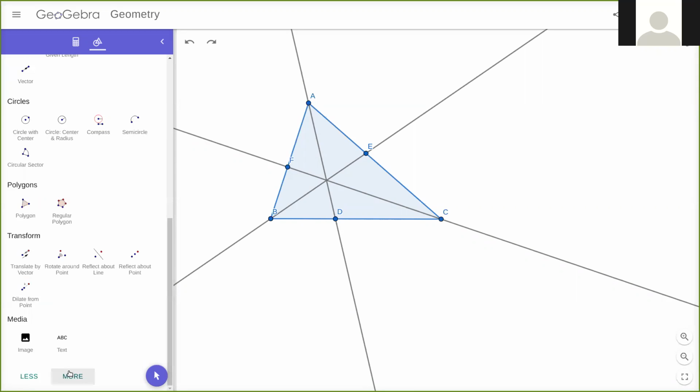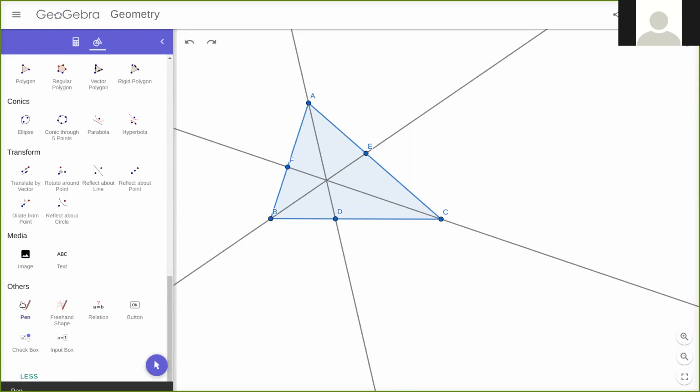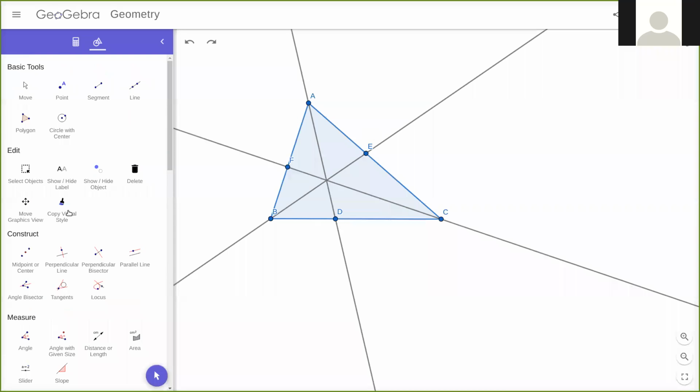Let me write this. So the thing with Ceva's theorem is that it relates the lengths. It's a property about the lengths. The lengths have to satisfy some property so that these meet. Right?